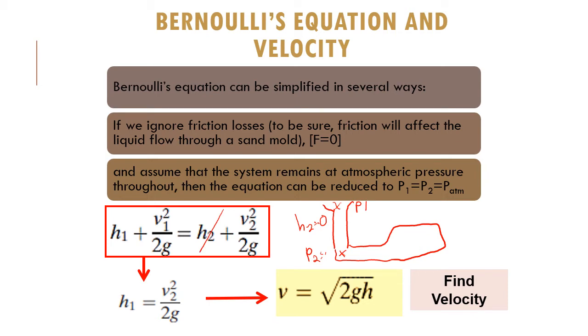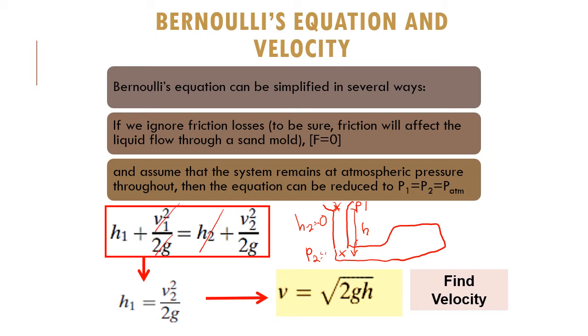Then point 1 is at height H. At this time, the velocity of the molten metal is considered 0 because you have just started pouring, so V1 is 0.